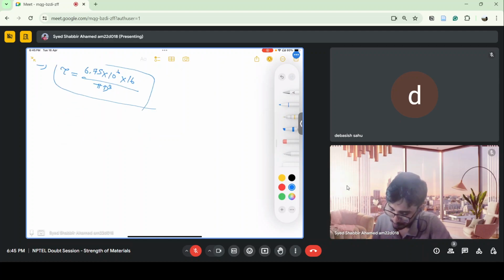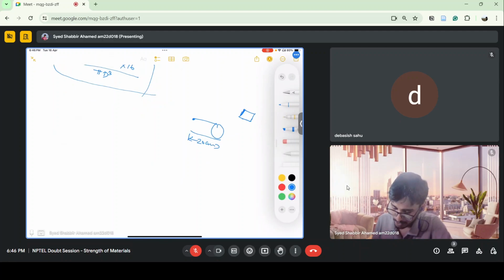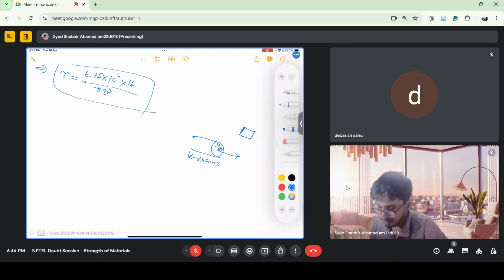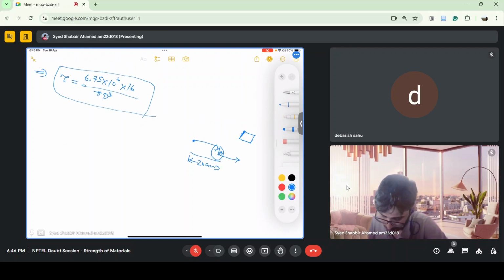We are taking a point at a distance of 20 centimeters from the free end of the shaft. If I take a small element at this point, it will look like this. Let's say this is the z direction, this is r, and we have theta, which is the polar coordinate system, r, theta, and z.